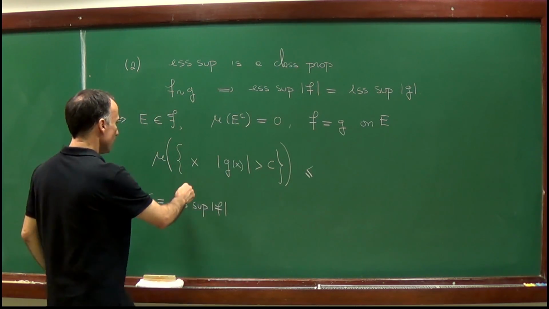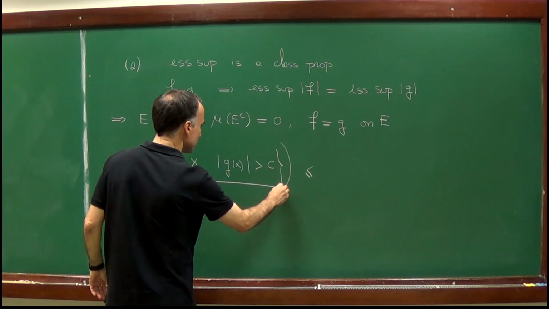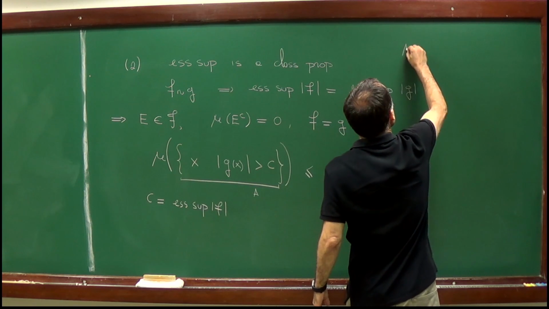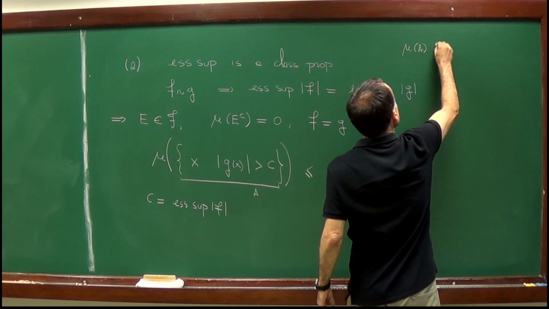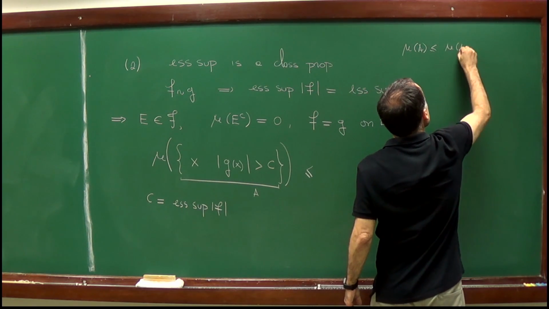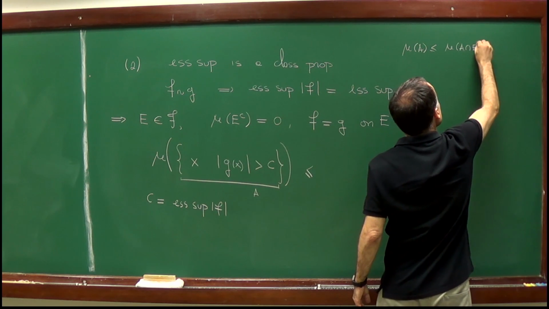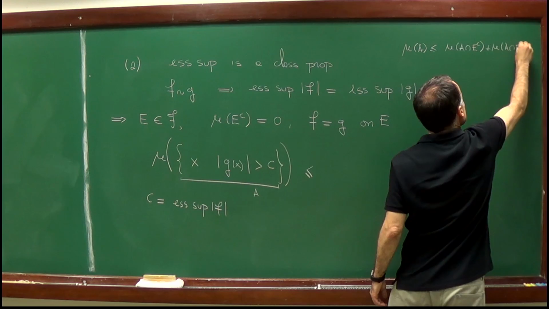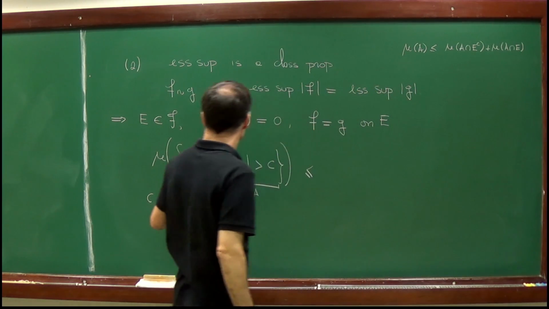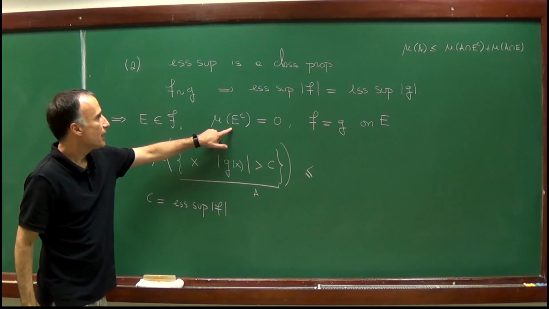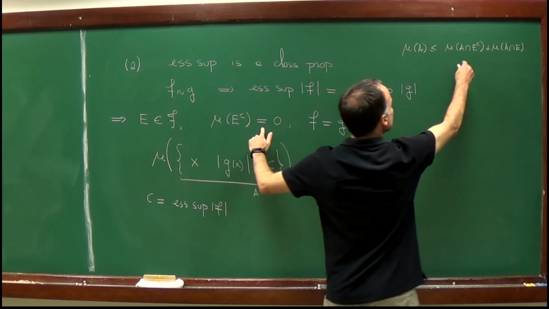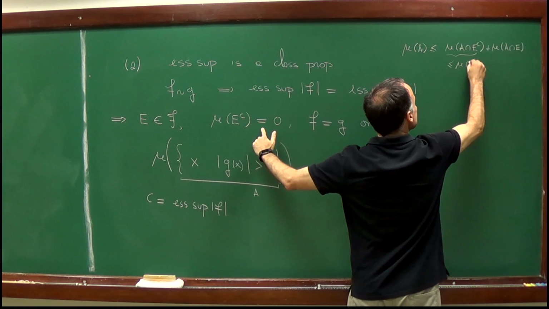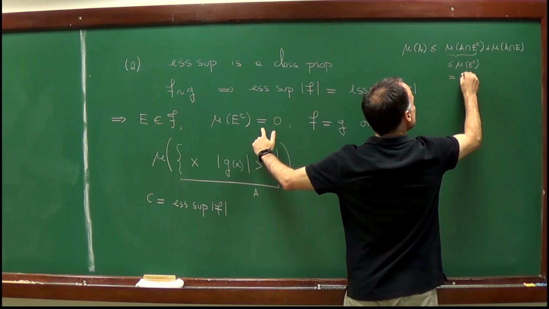Let me explain what I'm doing. Let me call A this set. What I'm saying is that mu of A is less than or equal to mu of A intersection E complement plus mu of A intersection E. E complement has measure 0, so the first term is bounded by mu of E complement, which is 0.